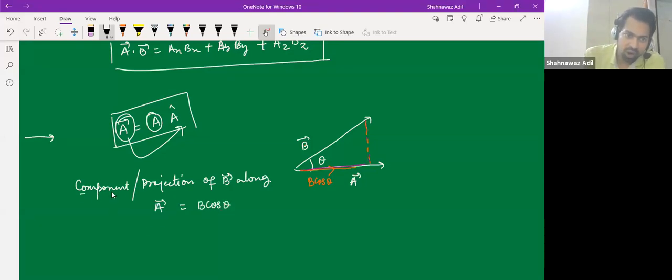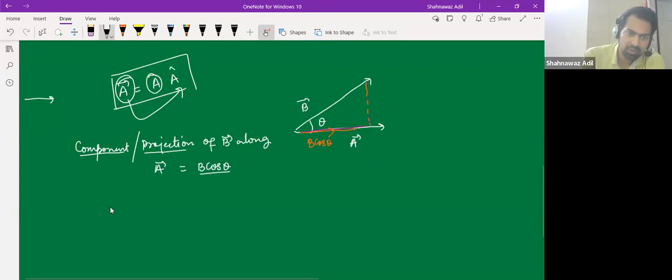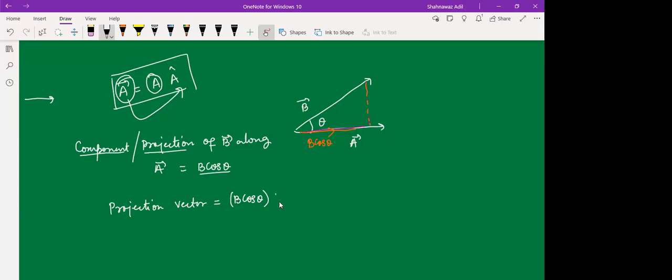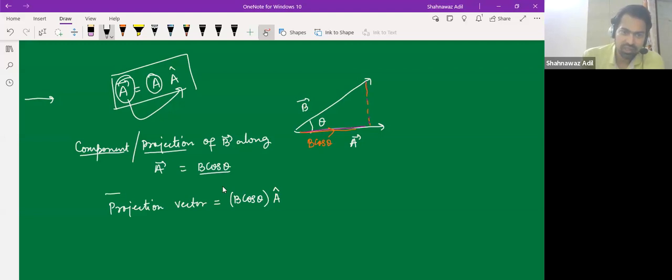But if I'm writing the projection vector, it would be B cos theta, and what is the direction of this vector? A hat, A cap. Absolutely right. So this is the projection vector of B along A.